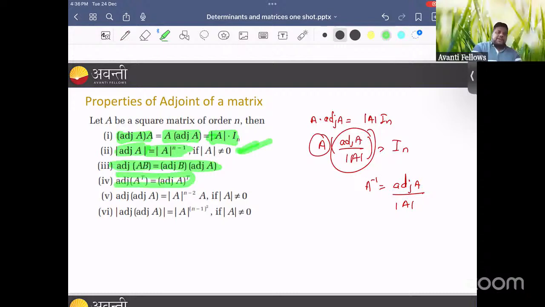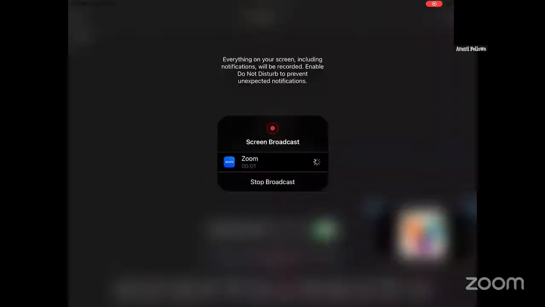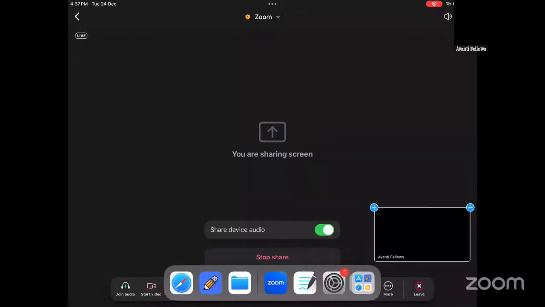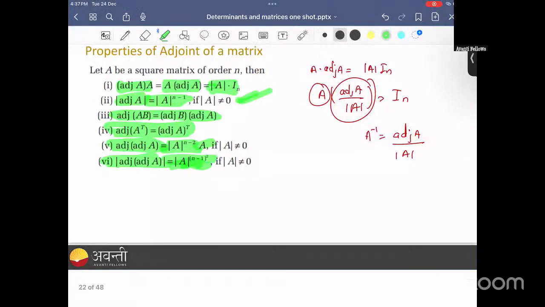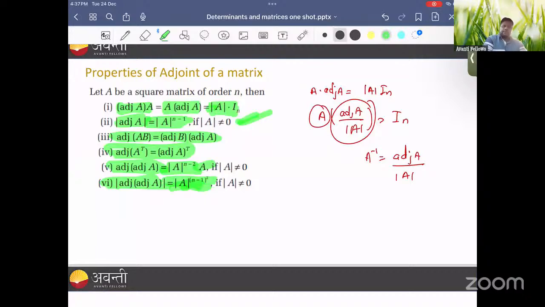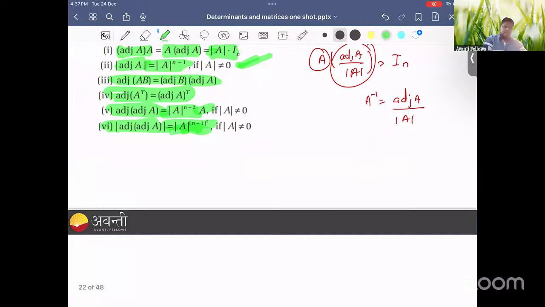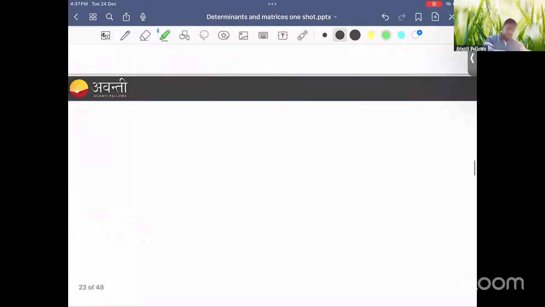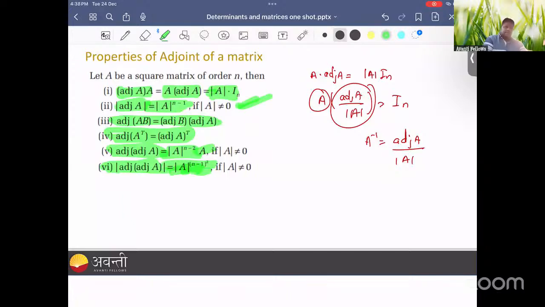Adjoint of adjoint A. So adjoint of adjoint A is determinant of A raised to the power (n minus 1) whole square. Fine.